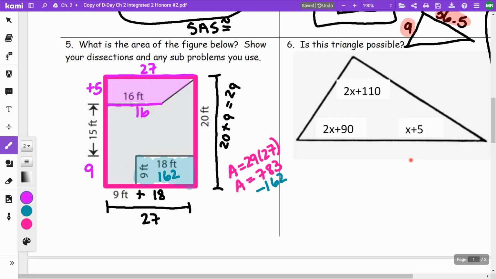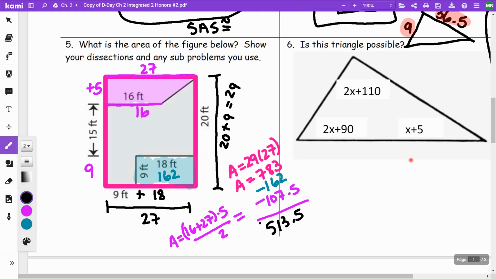So for that, I'm going to have 16 plus 27 times 5 divided by 2. And when I do that math, I get 107.5. So I'm going to subtract that. So 783 minus 162 minus 107.5. I get 513.5.